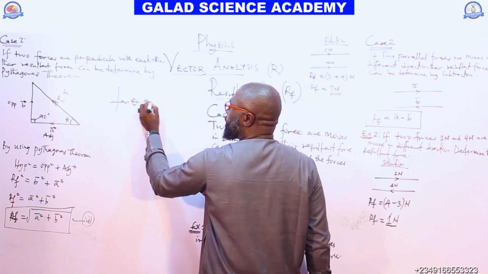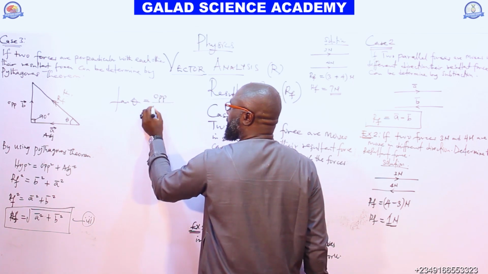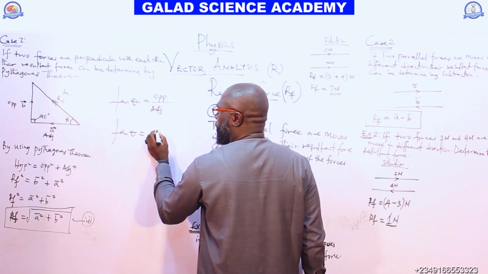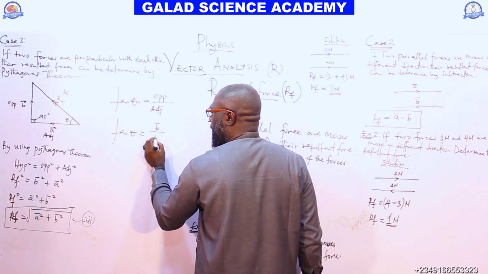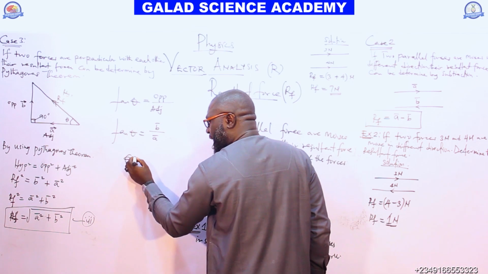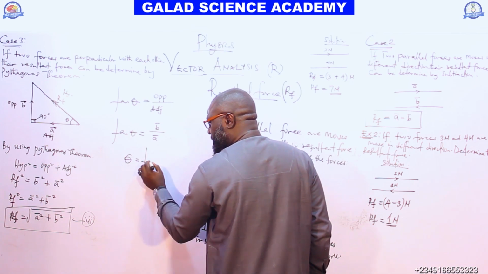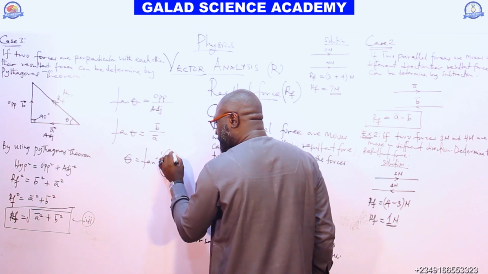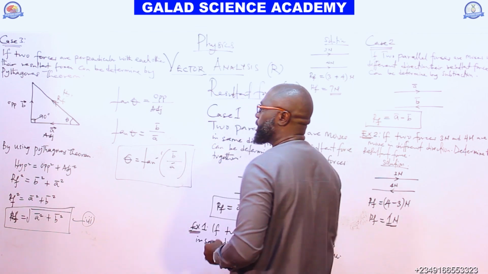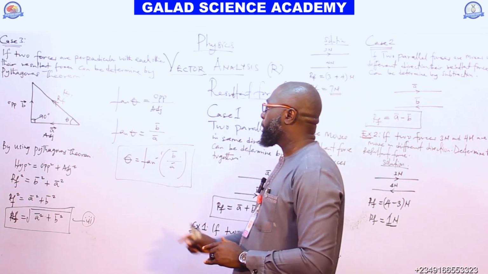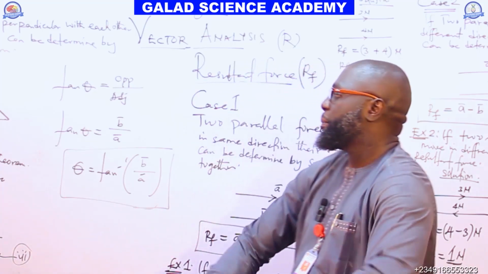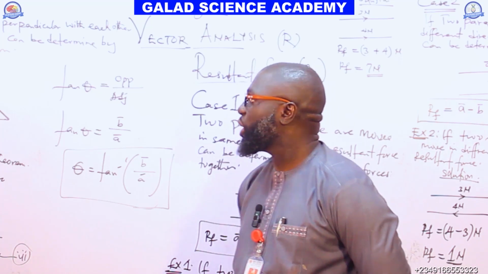Tan theta equals opposite over adjacent. So tan theta is vector B over vector A. By finding the tan inverse, arc tan of B over A, you will get your theta. That's how to find the resultant force if two forces are perpendicular with each other.